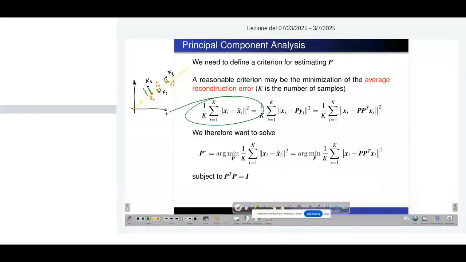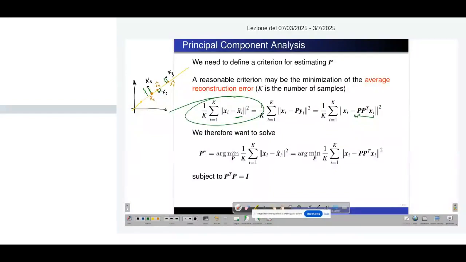The average reconstruction error, if we write it properly, is a function of what? The data and the parameters of the model. Here I just replaced each xi hat, each reconstruction, expressed in terms of the original point: projection followed by back projection.